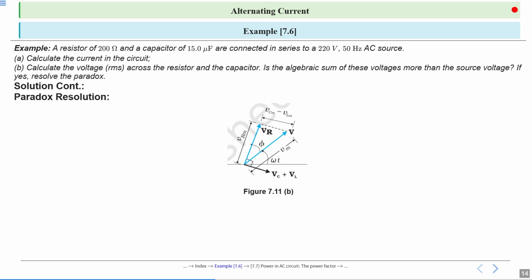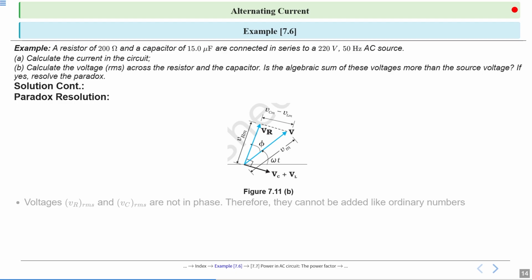The phase difference between VRM and VCM is 90 degree. To find the resultant, we have to do the vector sum, because these phasors are actually vectors.